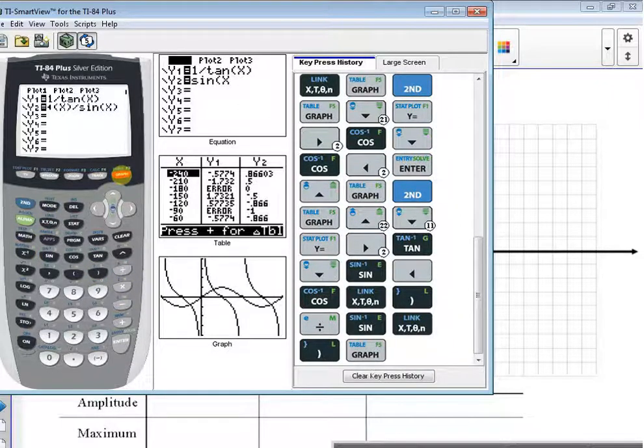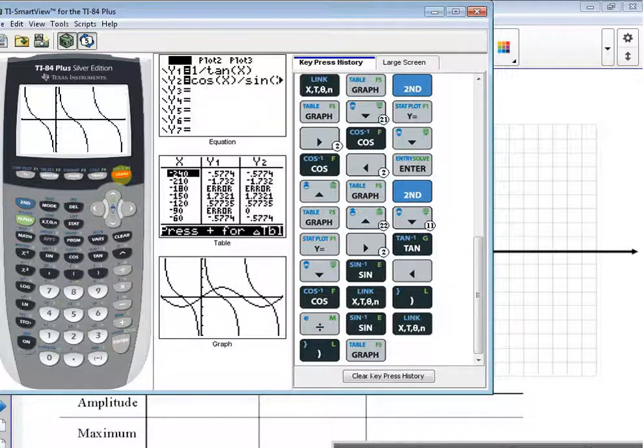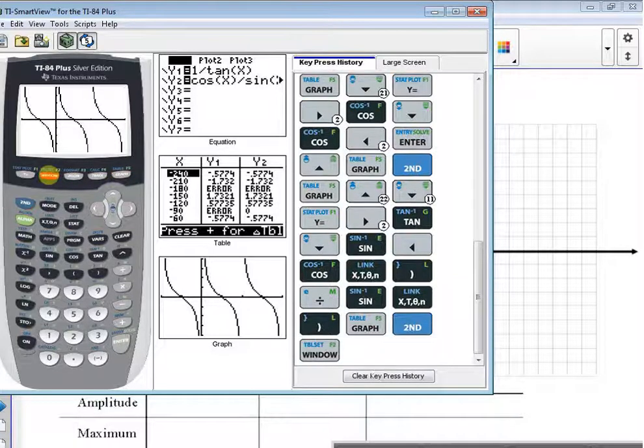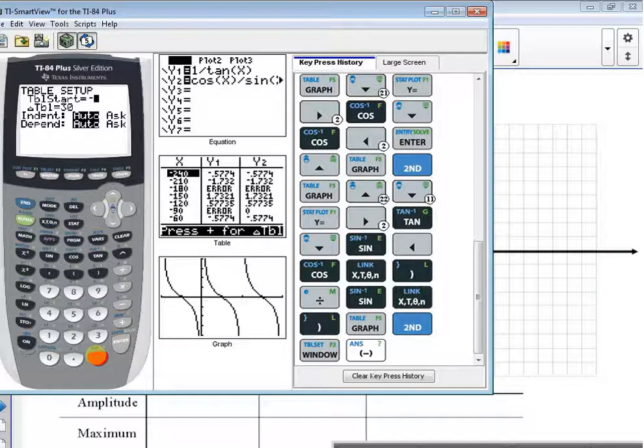Okay, so there we go. We should get the same thing. Now, a couple of things here, though. When you look at, let's have it start at negative 180.